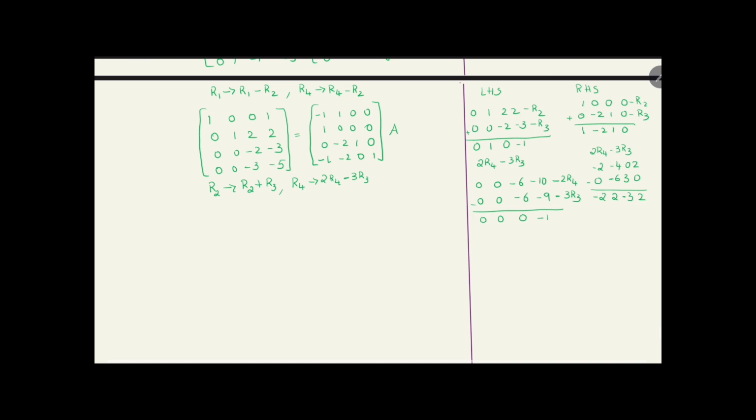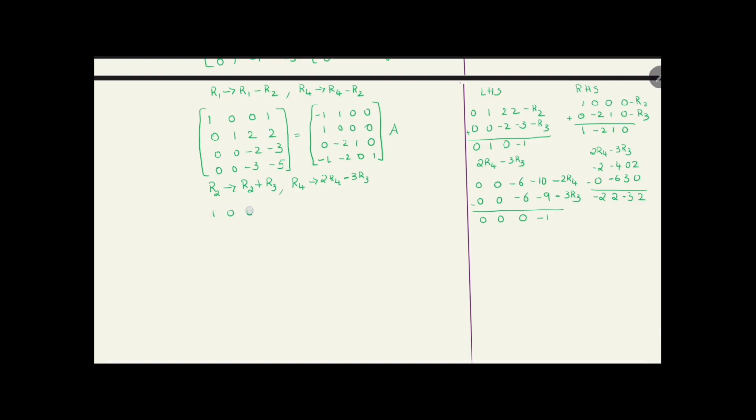Okay, and 3R3 is 0, minus 6, 3 and 0. Okay, it is minus 2, minus 4 plus 6, it is 2. 0 minus 3 is minus 2. Okay, it is correct.